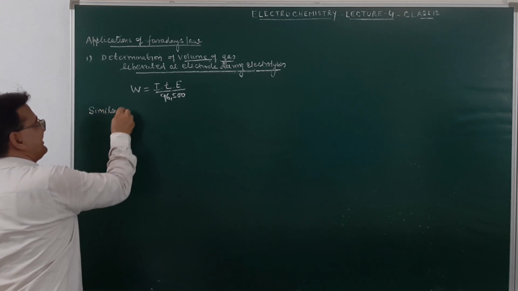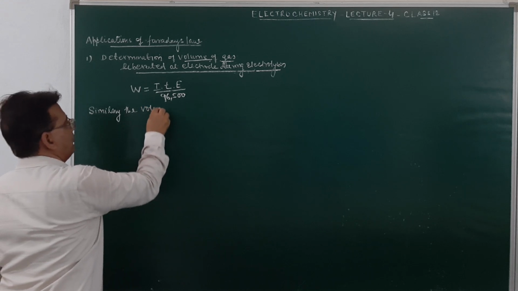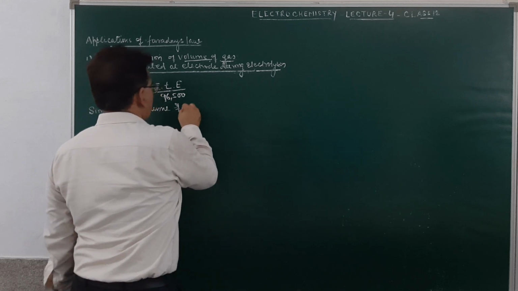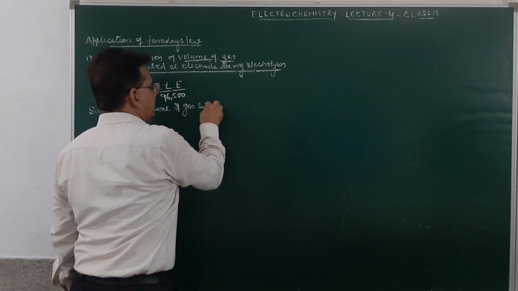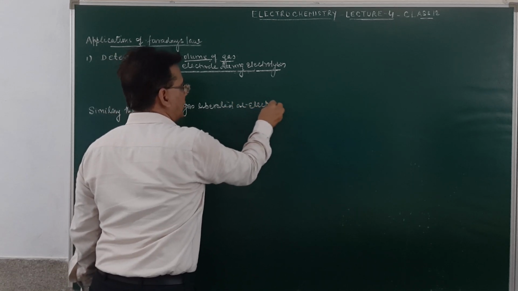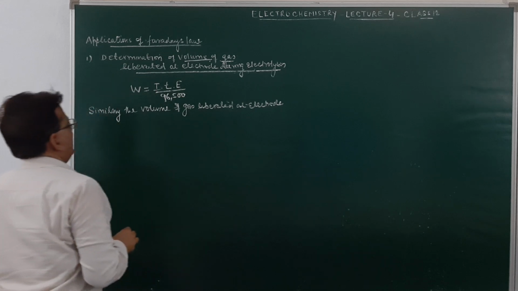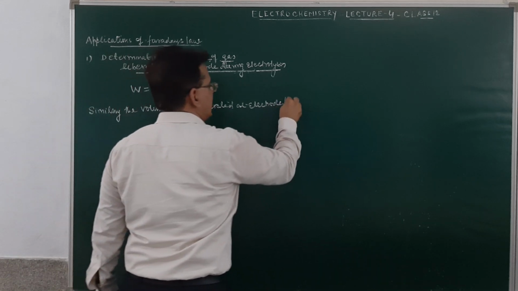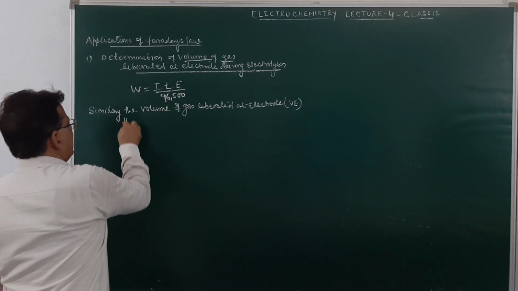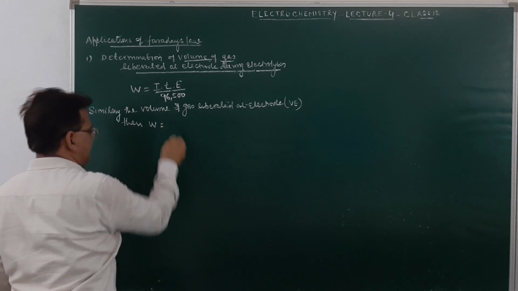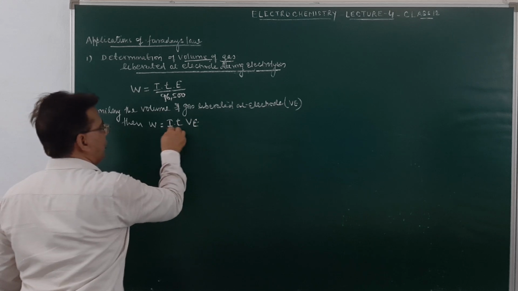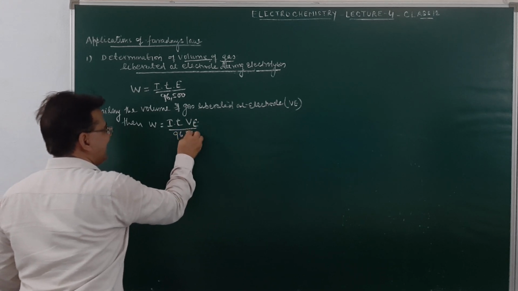Similarly, if the volume of a gas liberated at the electrode is VE, where VE is the equivalent volume, then the volume liberated will be equal to I × T × VE / 96,500 coulomb.